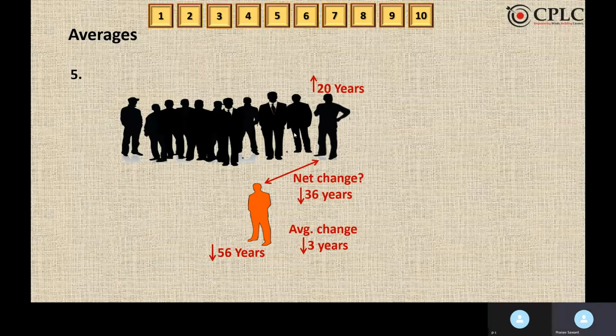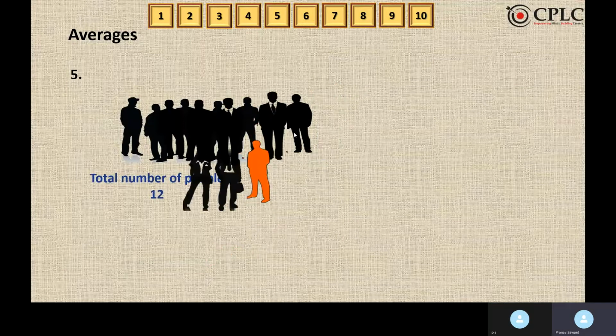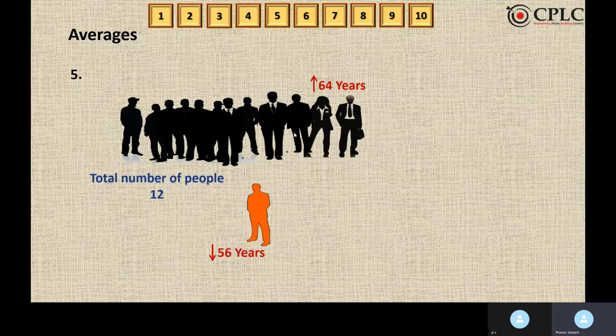Net change is of 36 years. So 36 divided by 3, we will get the number of people, that is 12. Second case is one person is removed and two people of 32 years each are added. So over here, according to the logic, as we have removed one person and we have put two persons, it is not fine.